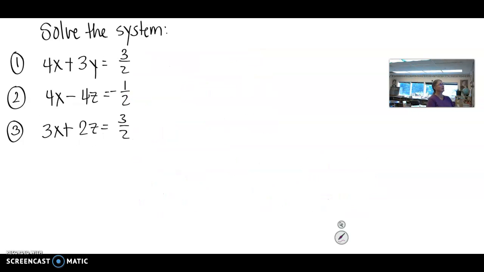You'll have some problems with fractions, but you can just clear the fractions if you want to. Like for this problem, I can multiply everything by 2, and I will not have any more fractions.